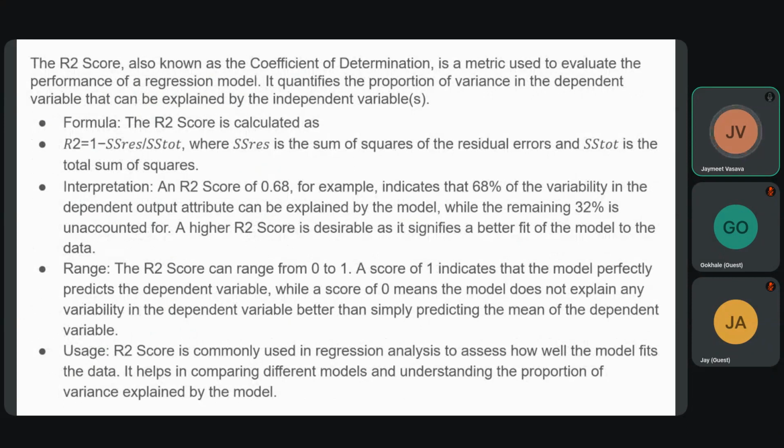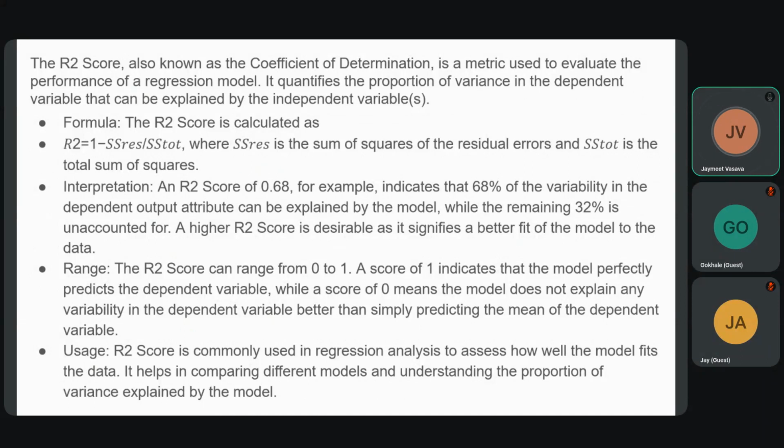So R2 score, also known as the coefficient of determination, evaluates the performance of the regression model. It quantifies the proportion of variance in the dependent variable that can be explained by the independent variable.